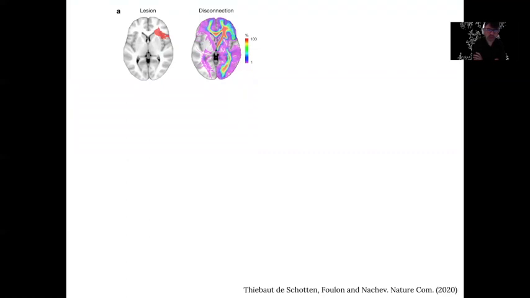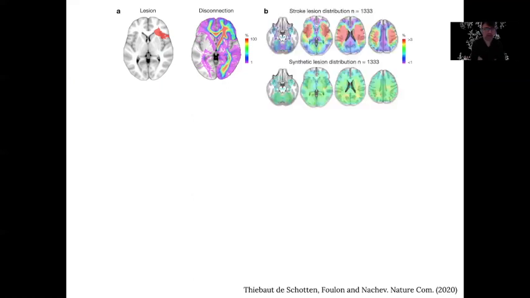So we did our classical thing. We use lesions, and we use a lot of them. We used 1,333 lesions that we converted into disconnections. What's very important to know about brain lesions is that they're not randomly distributed.